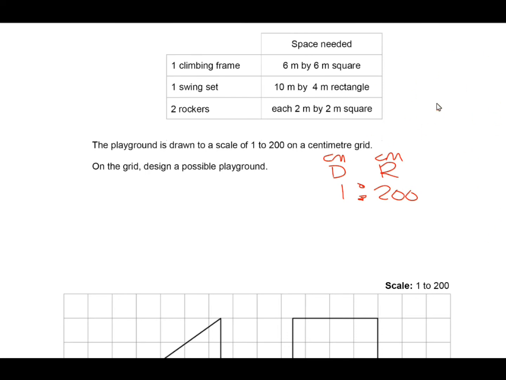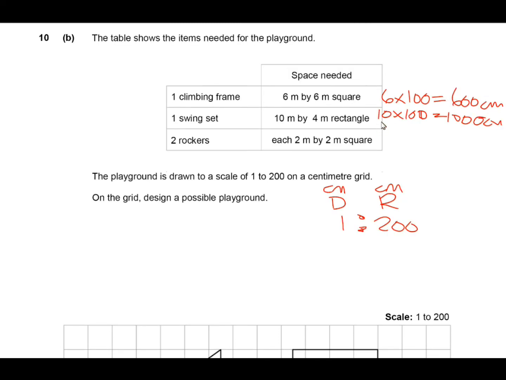So what we've got are the real world measurements here. So if I've got 6 meters, I need to multiply it by 100 because I'm going from a big unit to a small unit to get 600 centimeters. Here I've got 10 meters and I multiply it by 100. I end up with 1,000 centimeters.